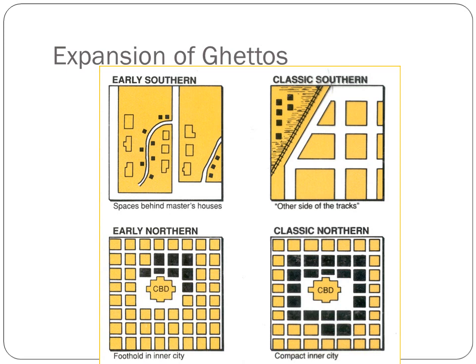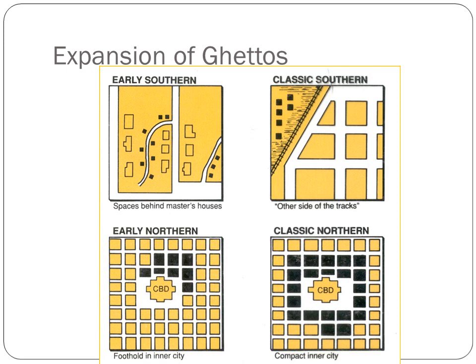All right, and you'll notice that when we're talking about the expansion of the ghetto, we're talking about northern cities. So you can see the bottom part there. The early northern city is like one small part, kind of like what we said with Baltimore, 1 square mile area. Around the CBD, and this is a term that we're going to use later on in the school year very extensively, but the term CBD means Central Business District.